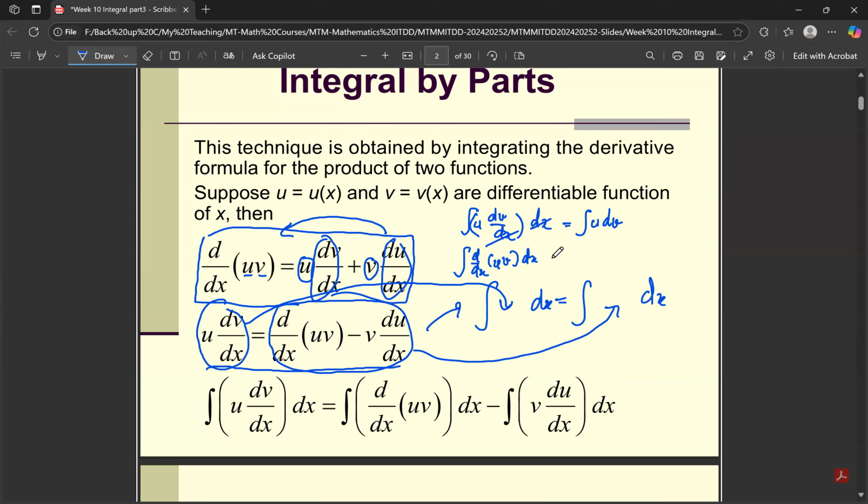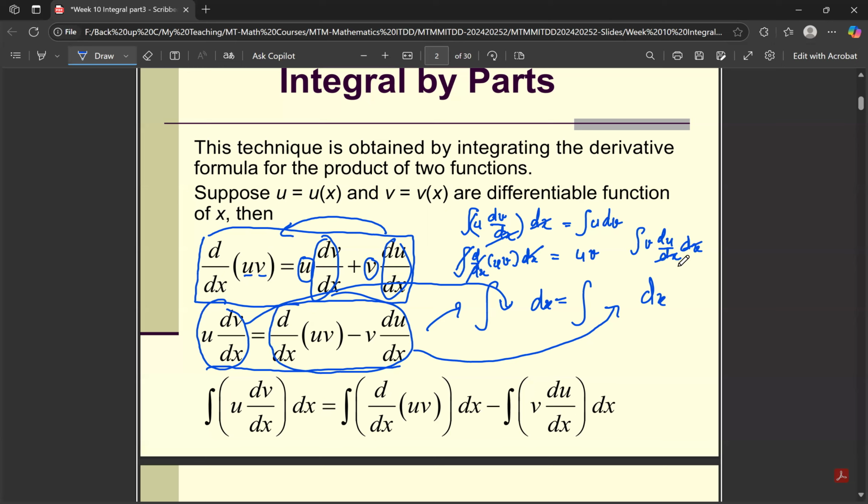Also, from the definition of antiderivative, we can cancel out this one with this integral. So we have uv. Of course, for the third, we have the integral of v du dx over x, so we can cancel out dx.